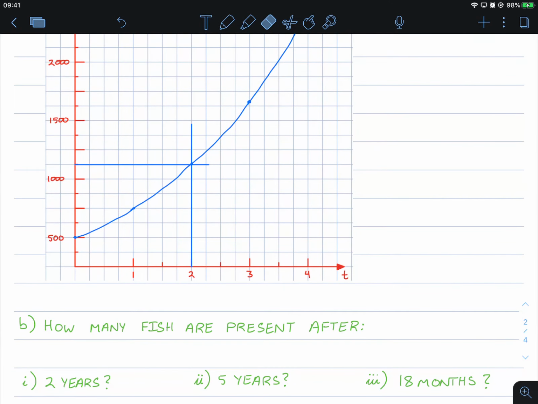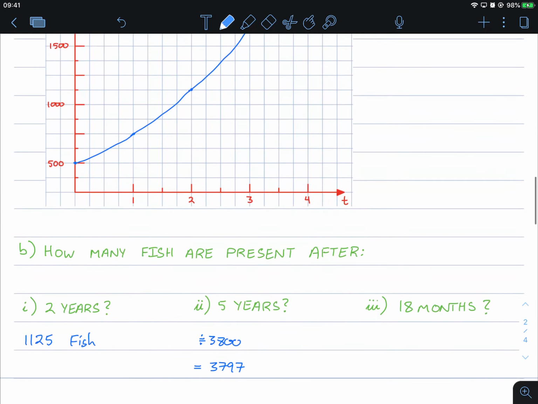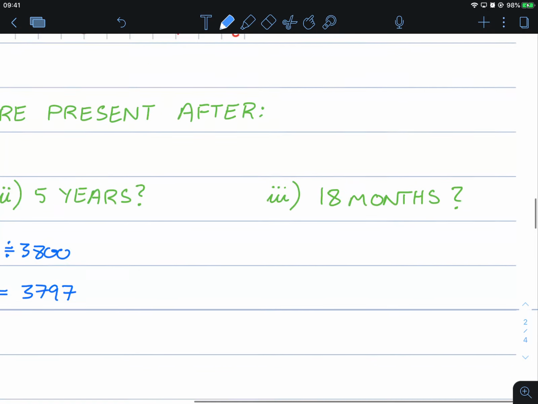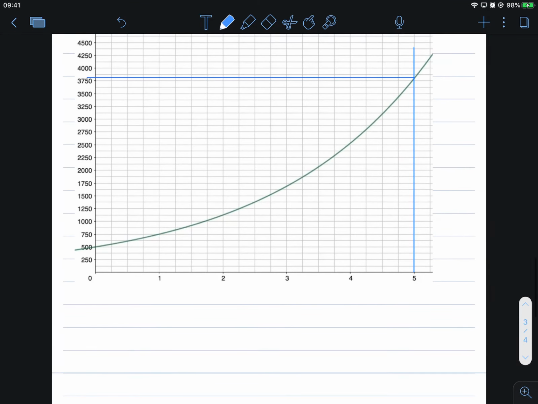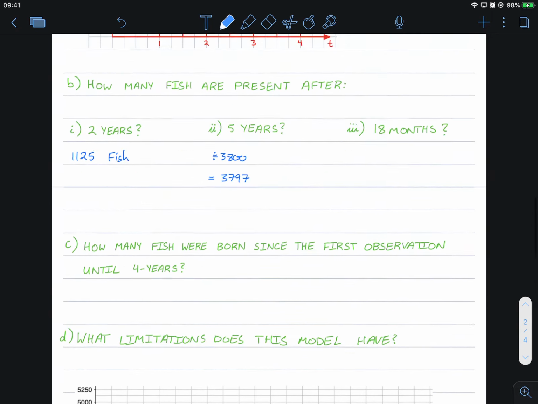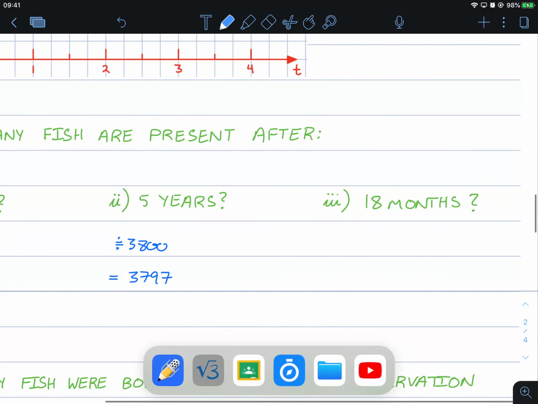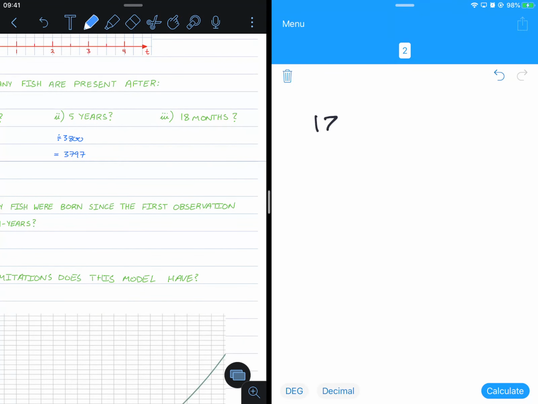And the last question that we have here, 18 months. Now remember, t is representing the value in years. So if we were to do 18 months, the common mistake is to keep going along the graph until we get to 18, but that does not represent 18 months. 18 months in years, you can always just do 18 divided by 12.